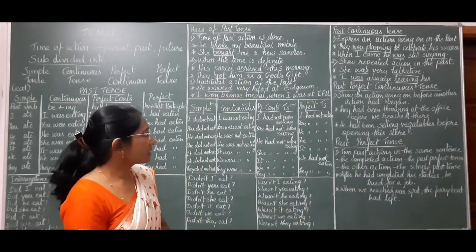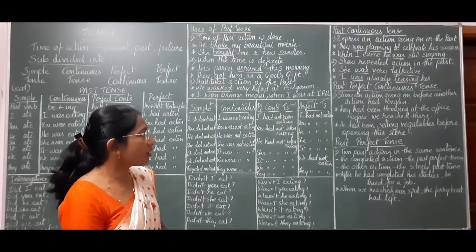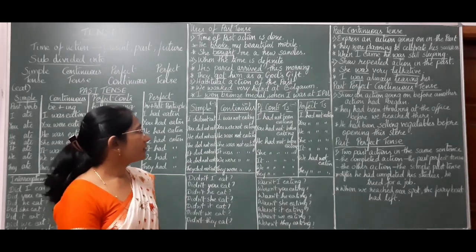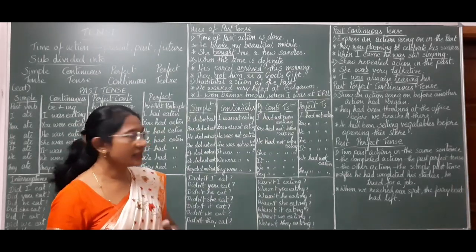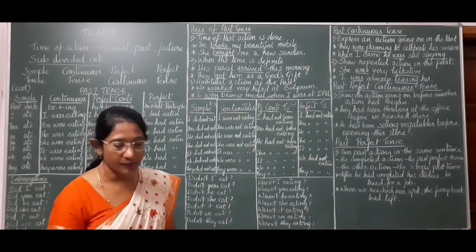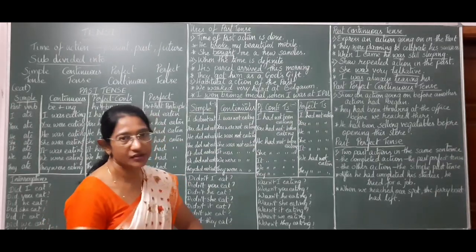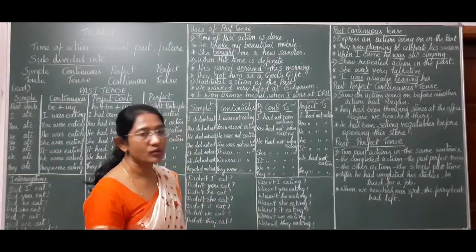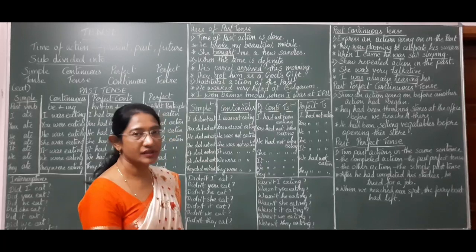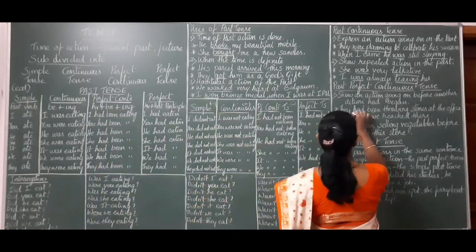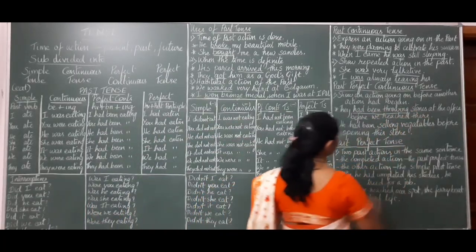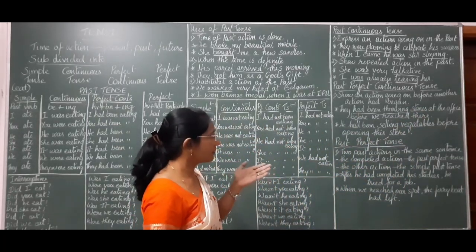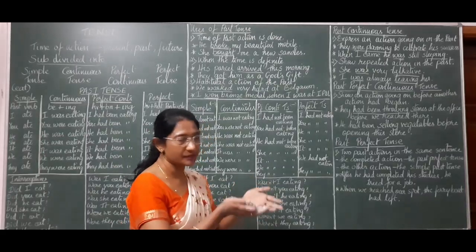Past perfect continuous tense is used to show an action going on before another action had just begun. So, one action is already going on and in the process we see another action to begin. They had been throwing stones at the office before we reached there. Had been throwing tells about the past perfect continuous tense, and before we reached is the action which just begun.